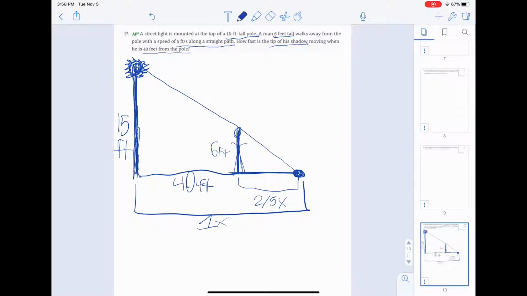So now, our related rates equation is supposed to be related to the similar triangles property. Based on what we know about the distances of the pole, the person, and the tip of the shadow, the distance from the pole to the person should be 1 minus 2/5, or 3/5 the distance from the pole to the shadow.